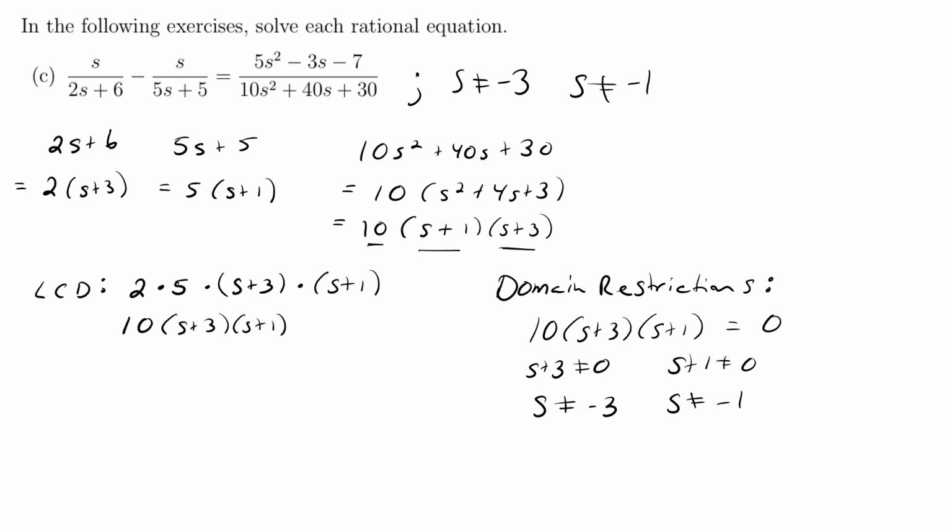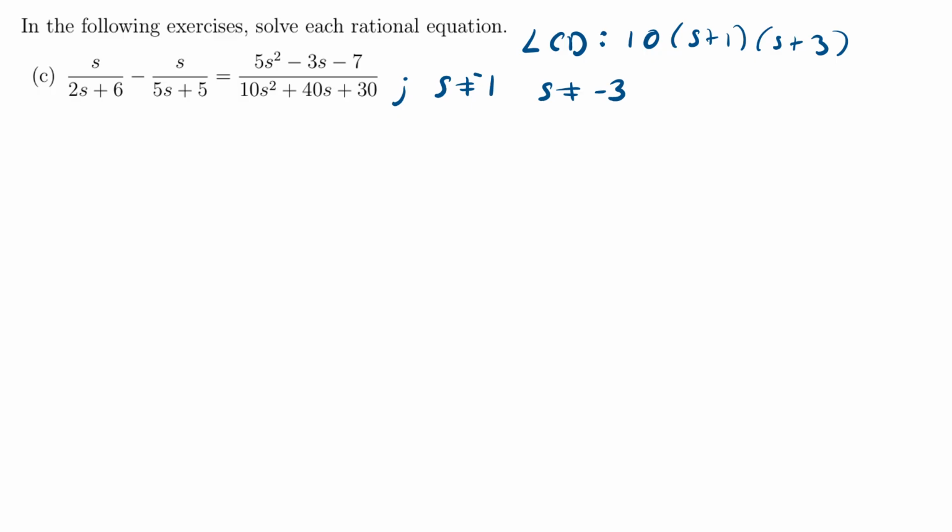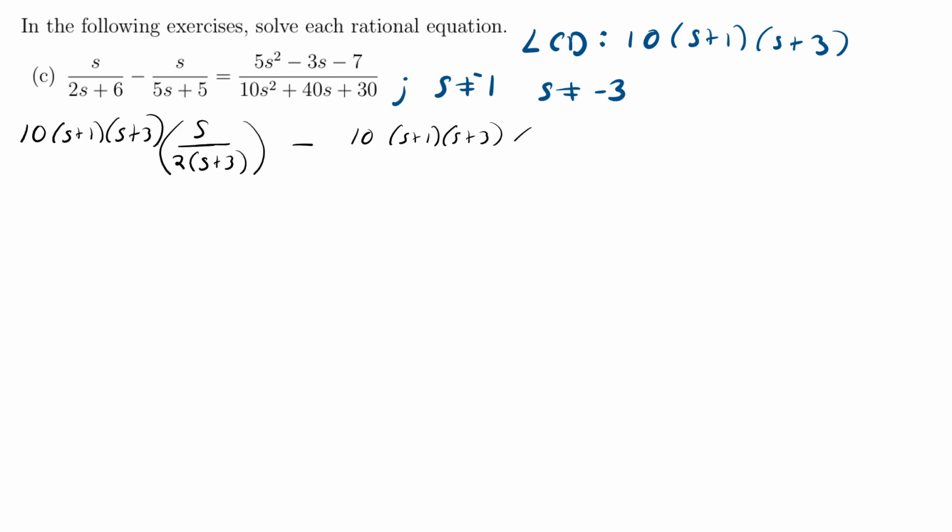All right, so now once we have this, we can just multiply through like we've done before, multiply by the LCD, cancel factors, and then simplify and solve. So if we use our LCD here, I'm going to multiply both sides of this equation by that. So I'm going to have 10 times s plus 1, s plus 3, times s over 2 times s plus 3, minus 10 times s plus 1, s plus 3, times s over 5 times s plus 1.